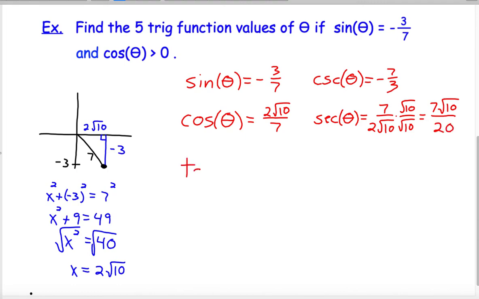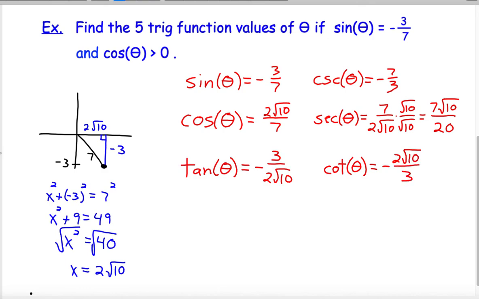Okay, how about the tangent? I'm going to have to rationalize on this one again. So the tangent is opposite over adjacent, so I get -3 over 2 root 10. And I'm going to fix that in a minute, but before I fix that, let me jump to the cotangent. That'll save me some work down the road. When I flip that, I get -2 root 10 over 3.